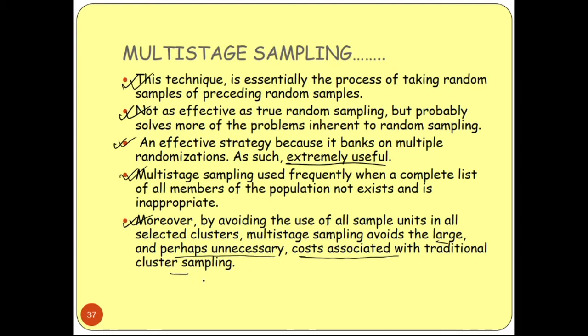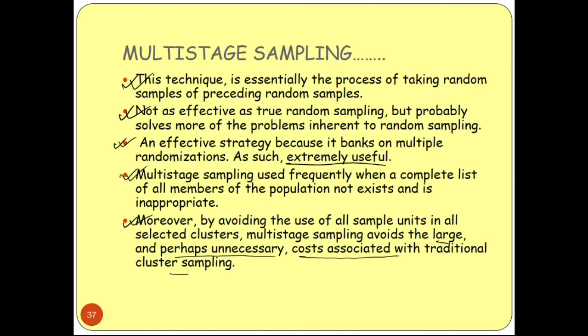So this is the advantage of multi-stage sampling. Here we can avoid large and unnecessary data. If we can avoid unnecessary data, it is obviously cost effective, so we can do our sampling within our budget.